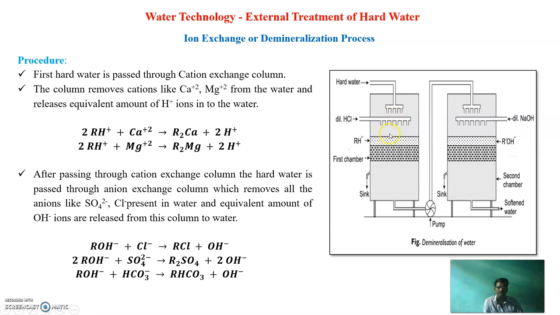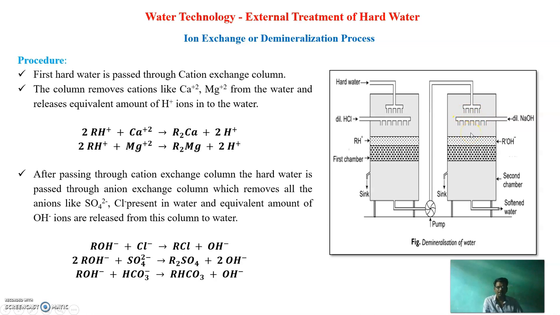Now the water coming out through this outlet is acidic in nature, and it has only anions and H+ ions. Then that water is allowed to pass through the anionic exchange resin. The OH minus present in the anionic exchange resin replaces the anions present in the water.